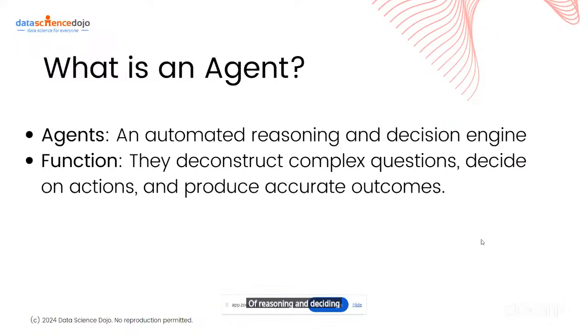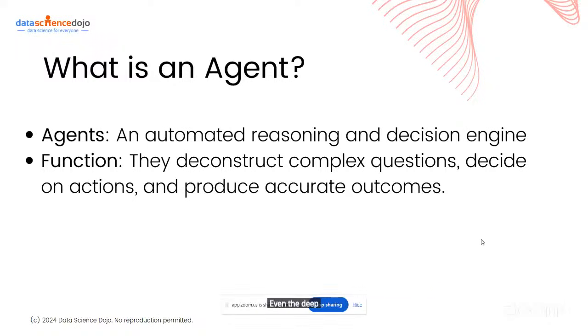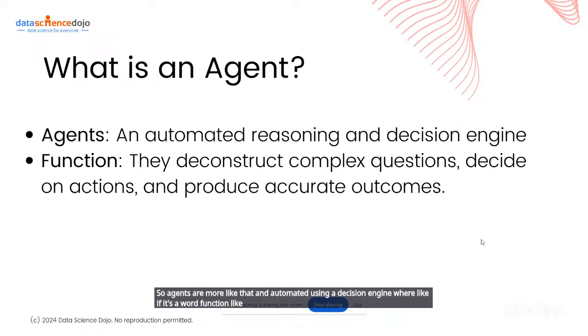Initially, we just had the LLM directly taking the query and generating the answer. It did not have those capabilities. Now it has. If you look at the O1 models of OpenAI, and even the DeepSeek model, they show the complete reasoning. So agents are more like that, an automated reasoning and decision engine. In the sense of an agent, there are the actions that our agents are going to take while producing outcomes.